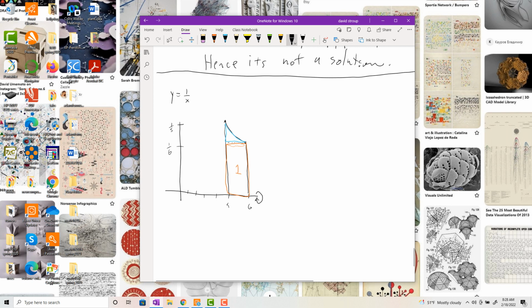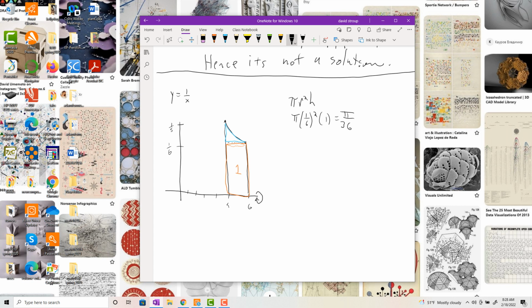It's pi r squared h. The radius is 1/6, so you get pi times 1/6 squared, and then the height is just 1. So you should get pi over 36 for that first region after you rotate it.